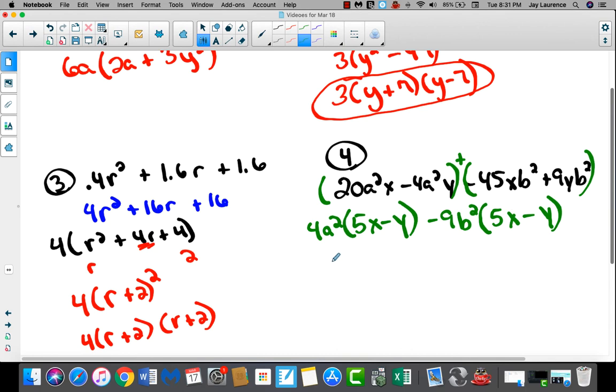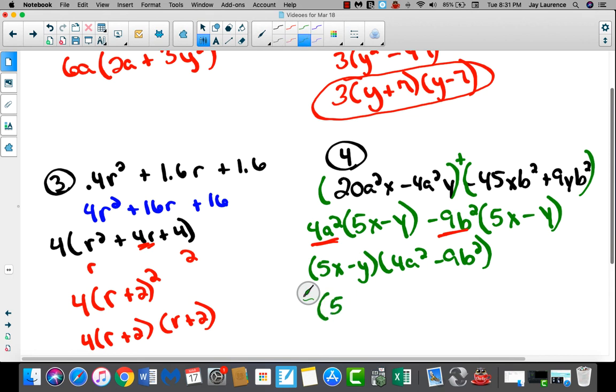And then when I factor out the 5x minus y as the next greatest common factor, I'm going to be left with a 4a squared minus 9b squared. And yep, I was right. I'm left with the difference of perfect squares. That's what I was thinking when I got a perfect square here and minus a perfect square there. So I'm going to have the quantity of 5x minus y times the quantity of 2a plus 3b times the quantity of 2a minus 3b.